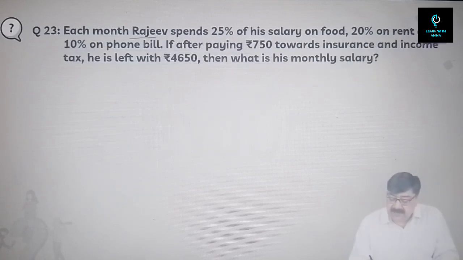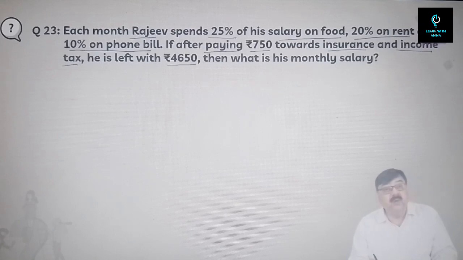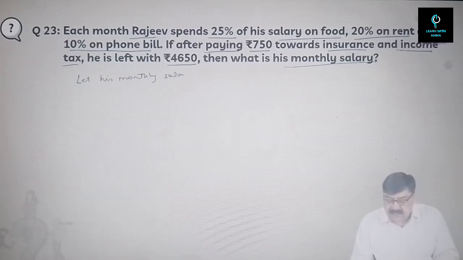Each month, Rajiv spends 25% of his salary on food, 20% on rent, 10% on phone bill. If after paying rupees 750 towards the insurance and income tax, he is left with rupees 4650, then what is his monthly salary? So let his monthly salary be equal to rupees X. Now Rajiv has spent 25% on food, 20% of his salary on rent, and 10% on phone bill.